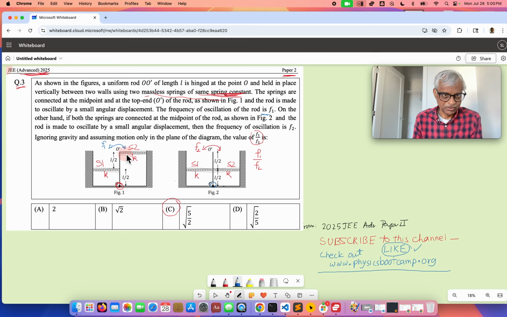So I'm going to just assume that at some point in time the bar has gone over here. Maybe just draw it out like that. Okay, at some instant of time, an arbitrary time t, this angle is theta.